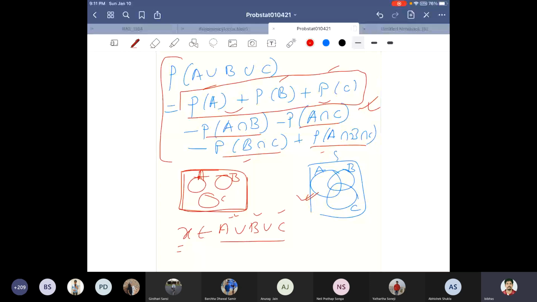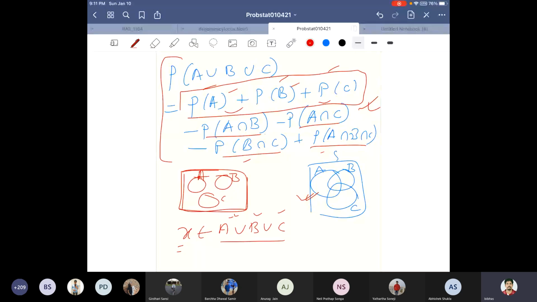Then you have to use some of these properties to find the answer. If you know all the probabilities in this formula, you can use the entire formula to calculate the probability of the union of those events.